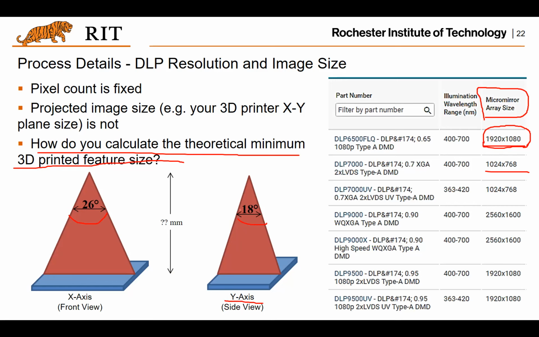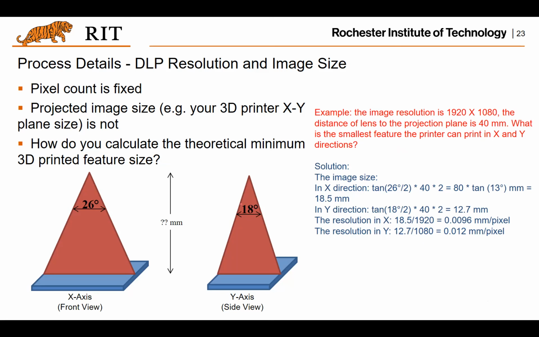With these two angles, together with the image resolution and the distance between the lens and the projection plane, where the build plane is located, you could get the minimum feature this printer could produce. Let's look at how we come up with this.